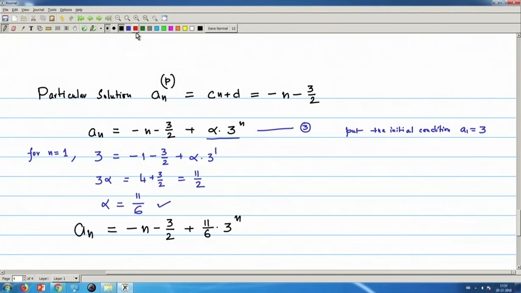So, this is the solution of that given linear non-homogeneous recurrence relation.